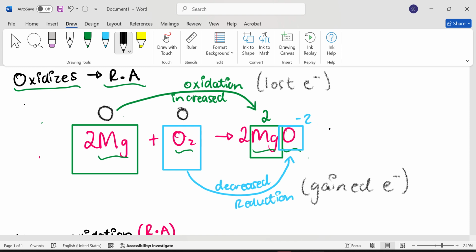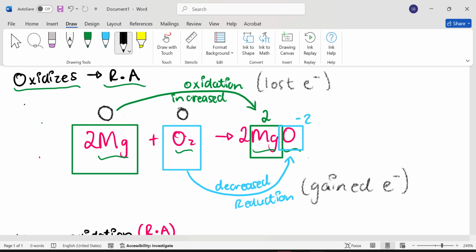Now, we say that something that oxidizes is known as a reducing agent because whatever oxidizes, now journey with me, whatever oxidizes causes something else to reduce. I'll repeat that. Whatever oxidizes causes something else to reduce.